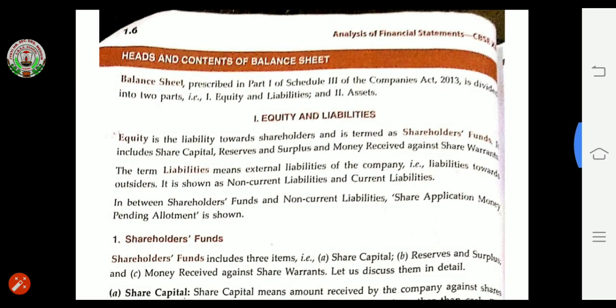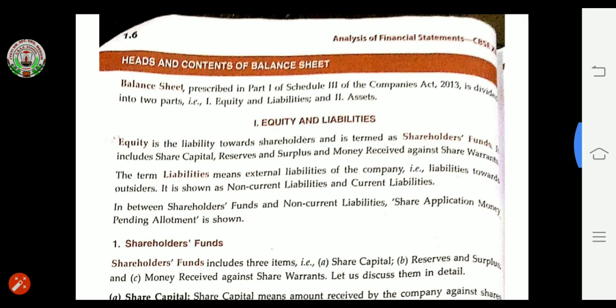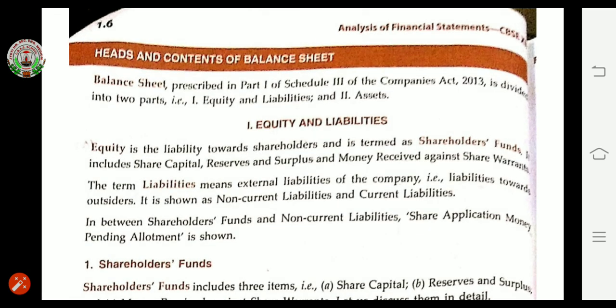Now we will discuss the heads and contents of the balance sheet. First of all, we have equity and liabilities. Equity is a liability towards shareholders and is termed shareholder funds. It includes share capital, reserves and surplus, and money received against share warrants.